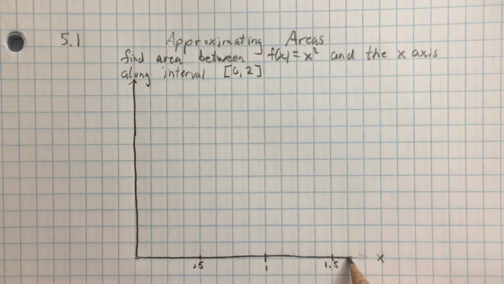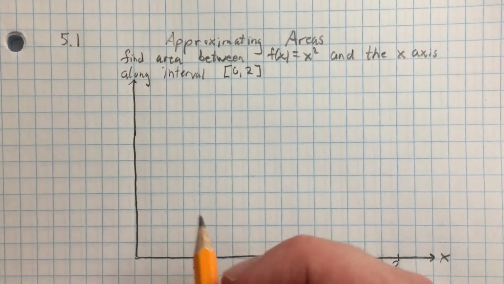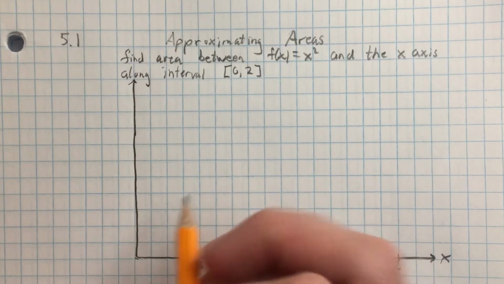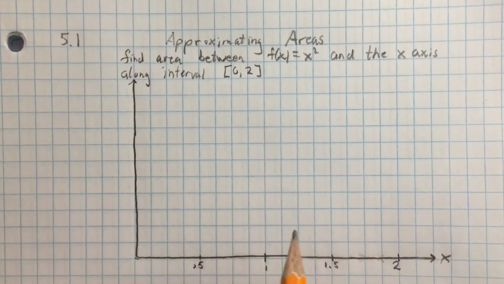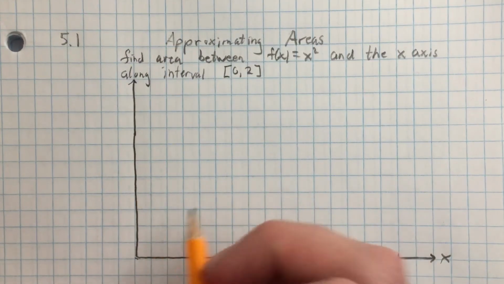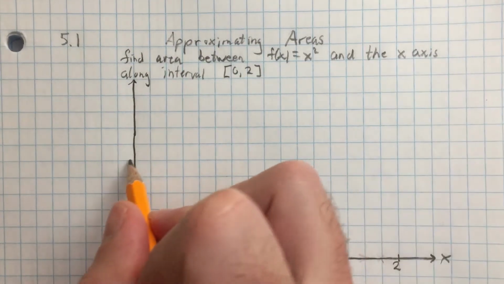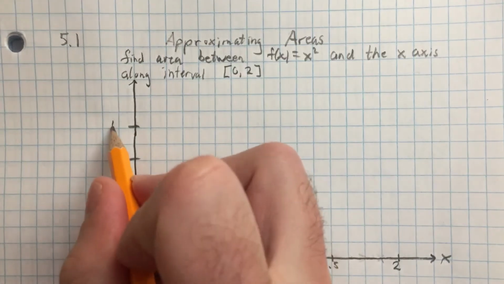You get 2 in there. But here I'm not going to exaggerate. I'm not going to have such a large scale for the y-axis. So let's make it 1, 2, 3, 4, something like that.